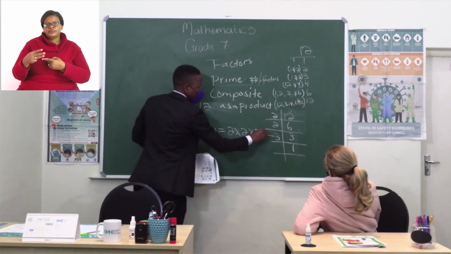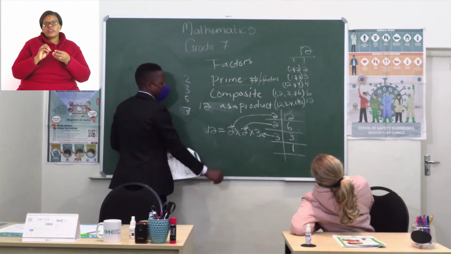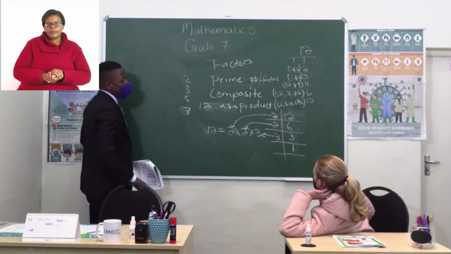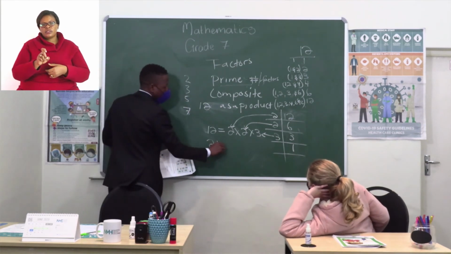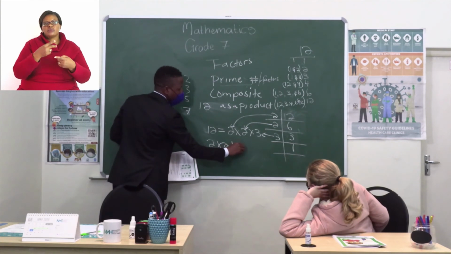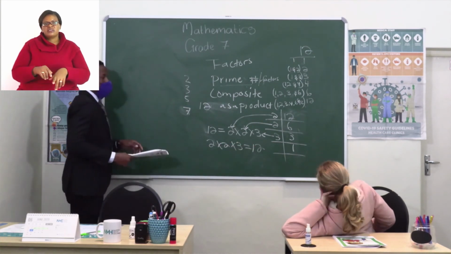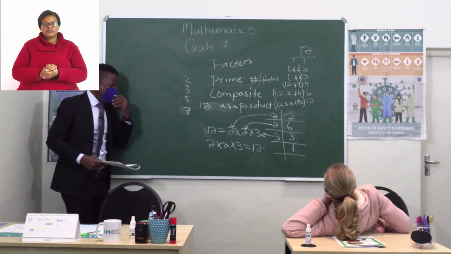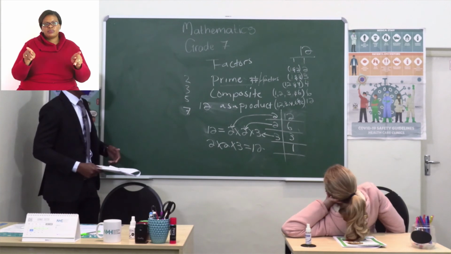So this came from here, there. In that way, you have answered the question, or you can write it 2 times 2 times 3 gives you 12. Still the same. And that is how you write a number as a product of its prime factors.